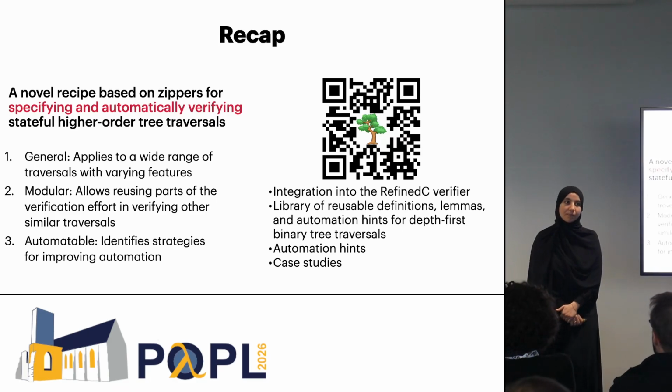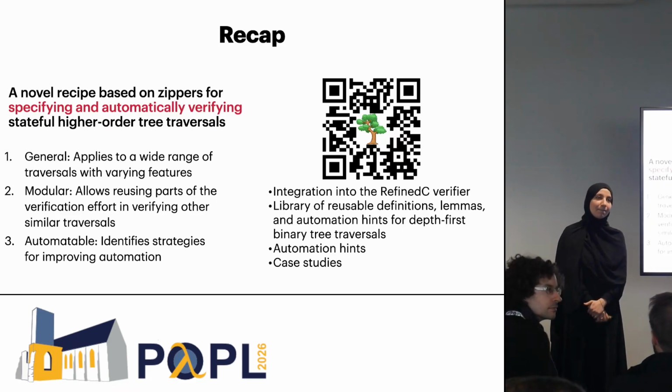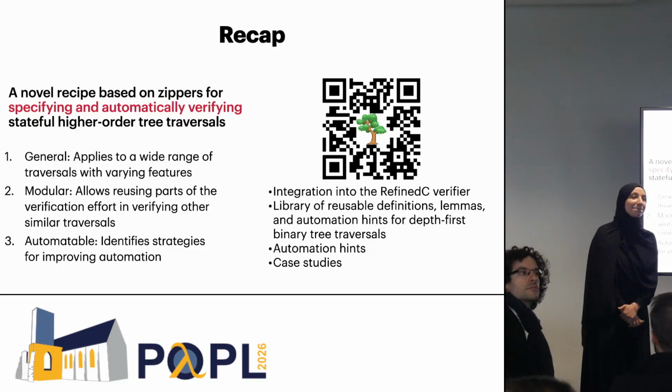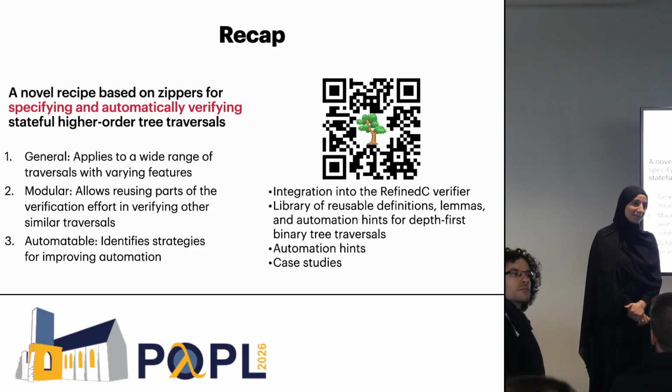Thanks for the talk. I have a question regarding using tree traversals in other contexts. Most of the time you want to use tree traversals as part of another algorithm. How easy is it to use your specifications to actually verify a full algorithm that depends on a tree traversal?